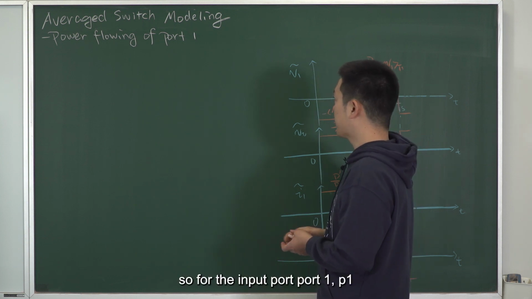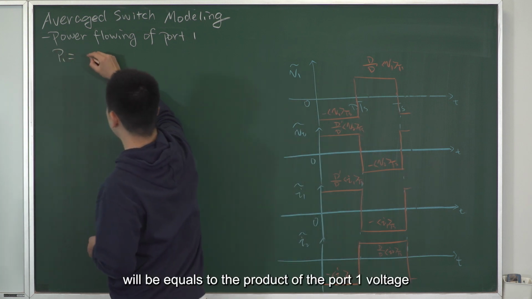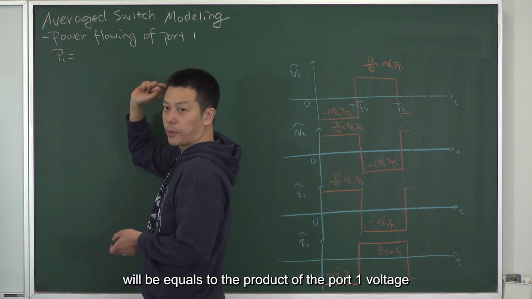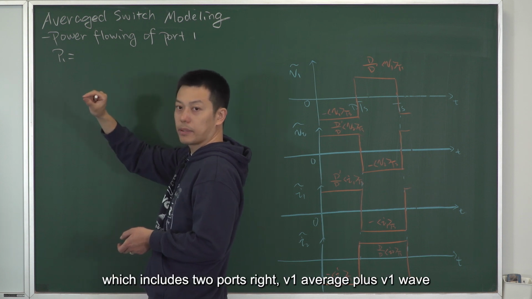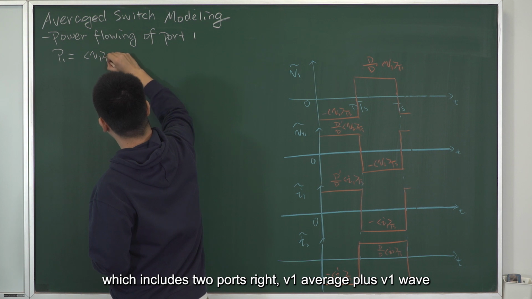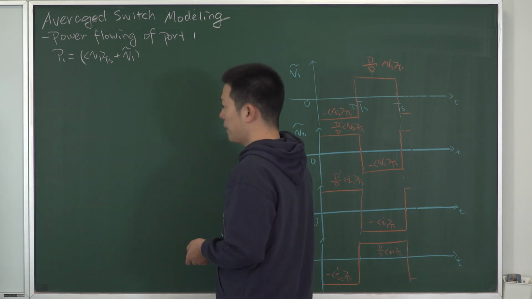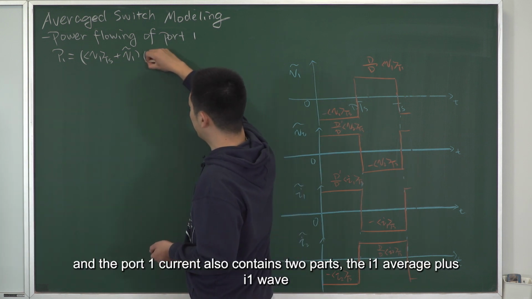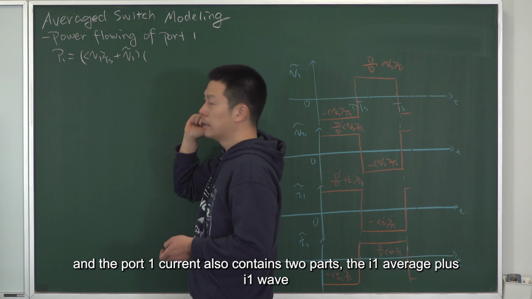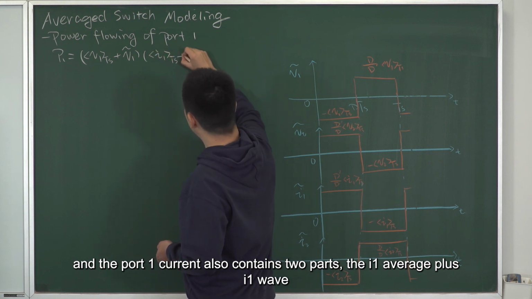So for the input port, port 1, P1 will be equal to the product of the port 1 voltage, which includes 2 parts, right? The V1 average plus V1 wave. And the port 1 current also contains 2 parts, the I1 average plus I1 wave.